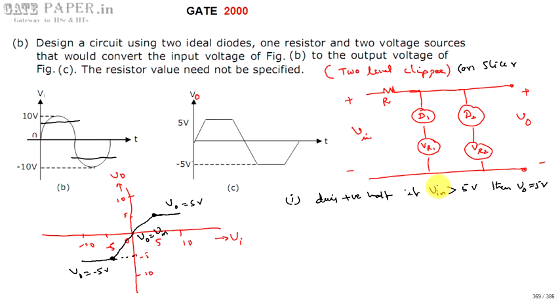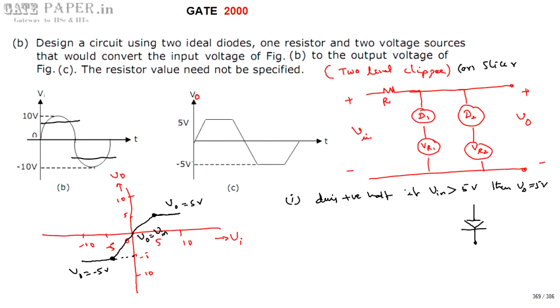Whenever V input is greater than 5, one diode is going to be forward biased, and that should be connected with a reference voltage of 5 volts. So we can think in this way, and the diode should be forward biased only when V input is greater than 5 volts.